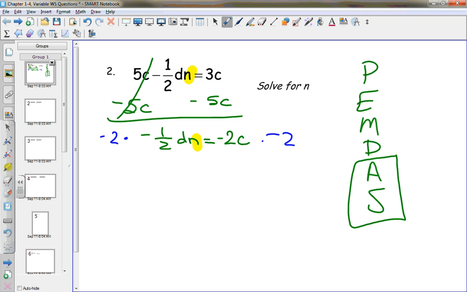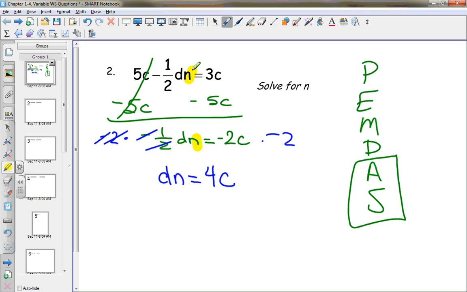Why is it okay that I multiply by the value of negative 2? It's the same thing as negative 2 over negative 1, right? So these cancel out. My negative sign cancels and the 2 cancels out. And I'm left with dN is equal to negative 2c times negative 2, which is going to be 4c. Now what am I solving for?